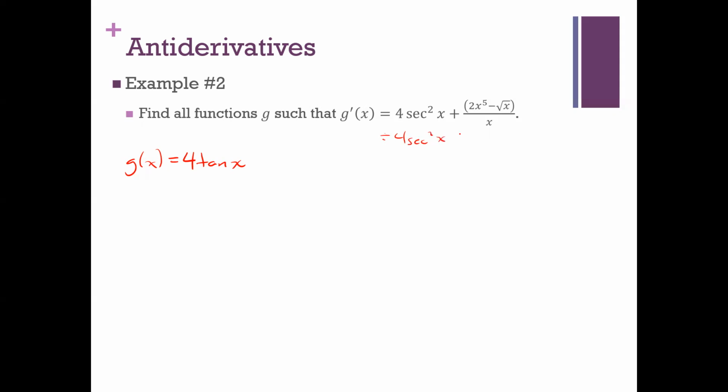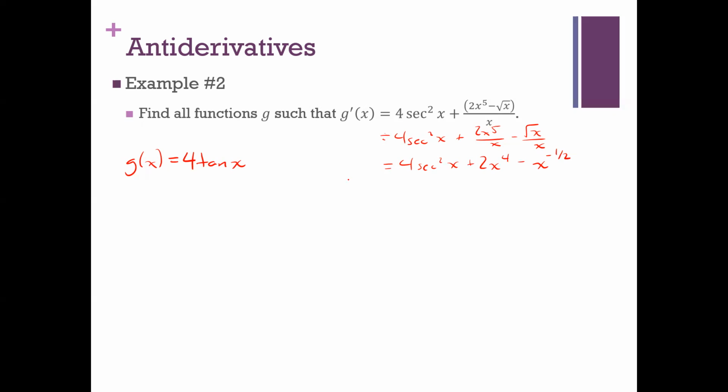Okay, so do this one step at a time. 2x to the 5th over x minus radical x over x. And while we're at it, let's go one better. It becomes 2x to the 4th minus x to the negative 1/2.